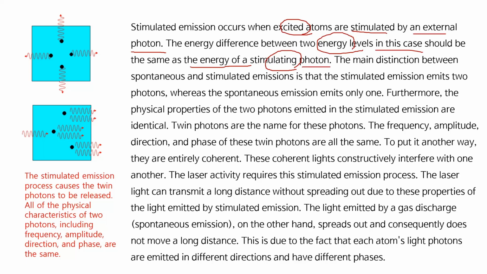So the stimulating photon's energy should be the same as the energy difference between two energy levels. The main distinction between spontaneous and stimulated emission is that stimulated emission emits two photons, whereas spontaneous emission emits only one photon.